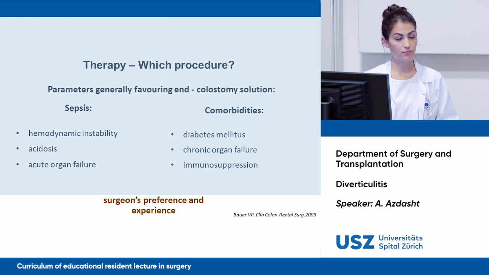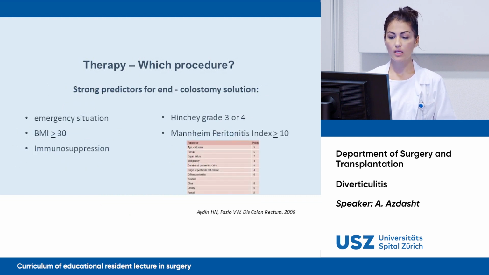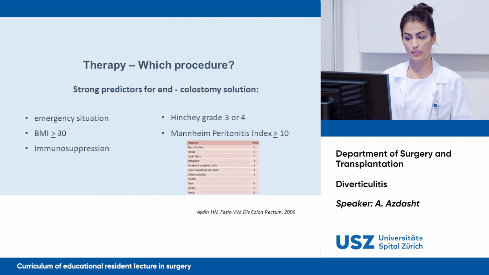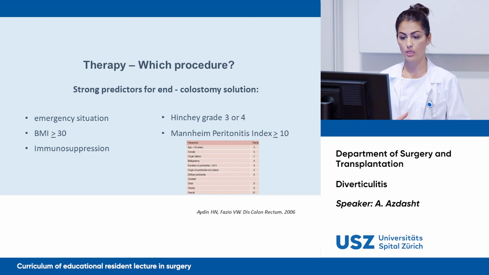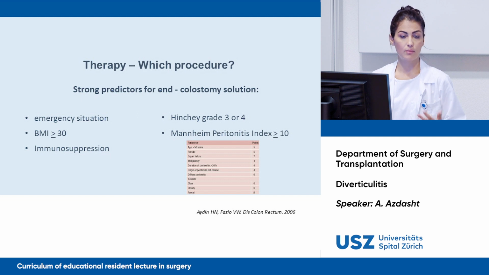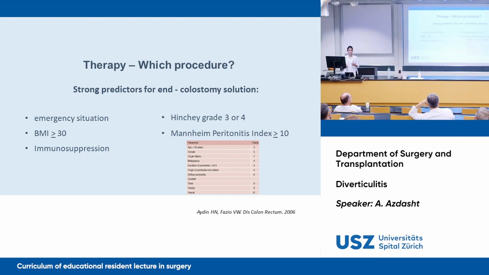Also, the surgeon's preference and the experience should not be ignored. Another study showed strong predictors for the end colostomy solution, which is again the emergency situation, if the patient has a BMI of 30 or higher, if there is a free perforation with purulent or fecal peritonitis, or if the peritonitis index is 10 or higher.